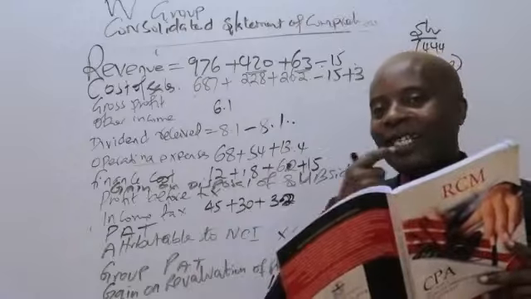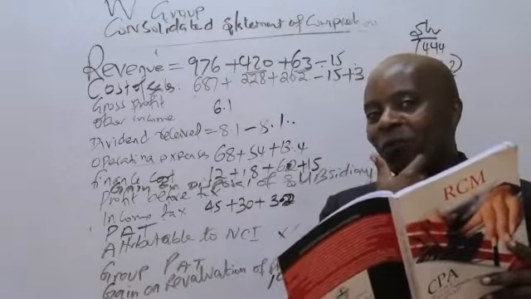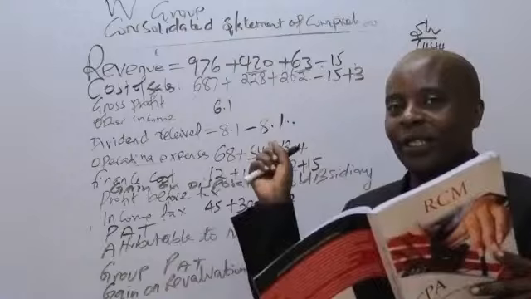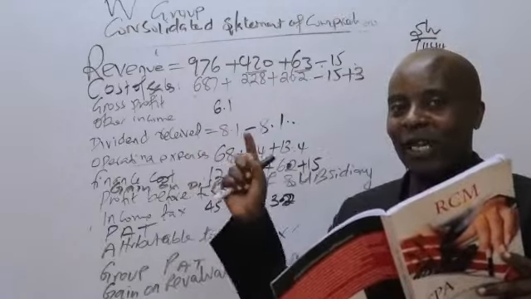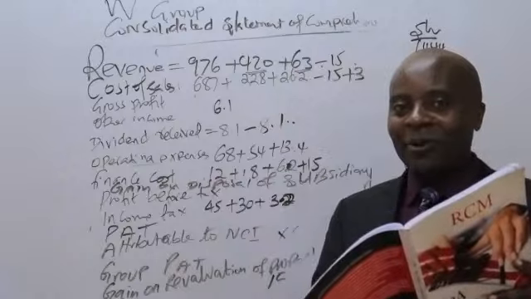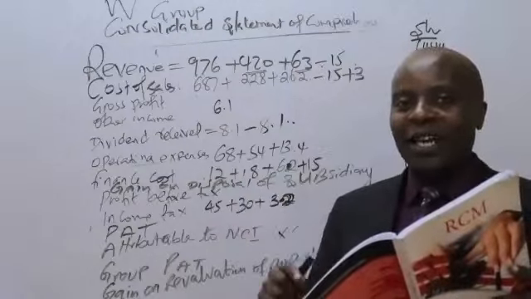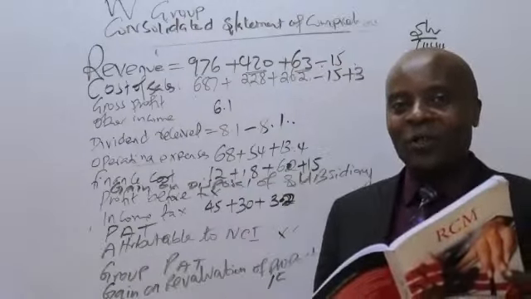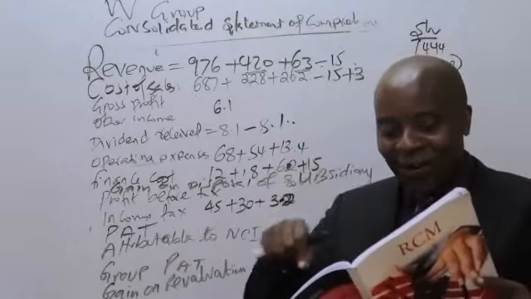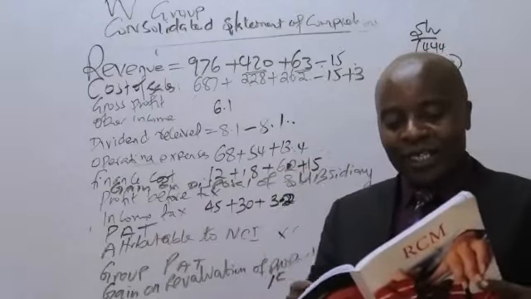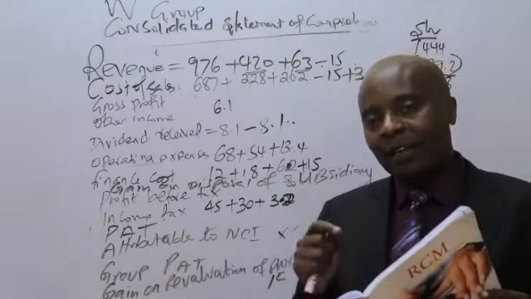You are fortunate, otherwise would have really done quite a lot of the corrections here, because here we are very correct. The disposal of the subsidiary happened at the end of the year. So it means that the income of the subsidiary at the end of the year is ours.